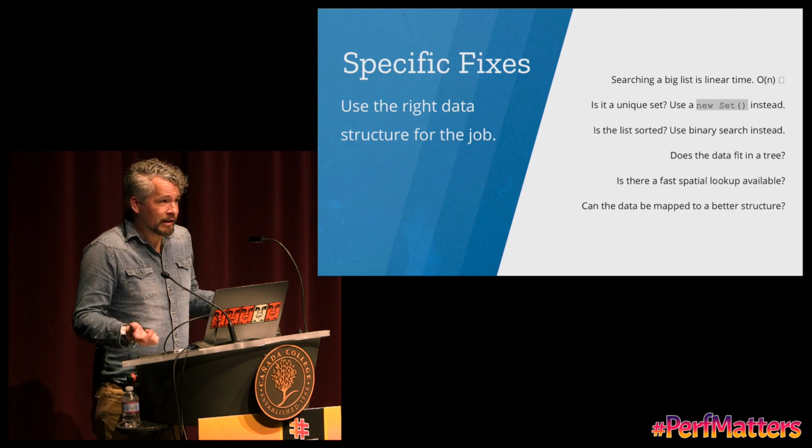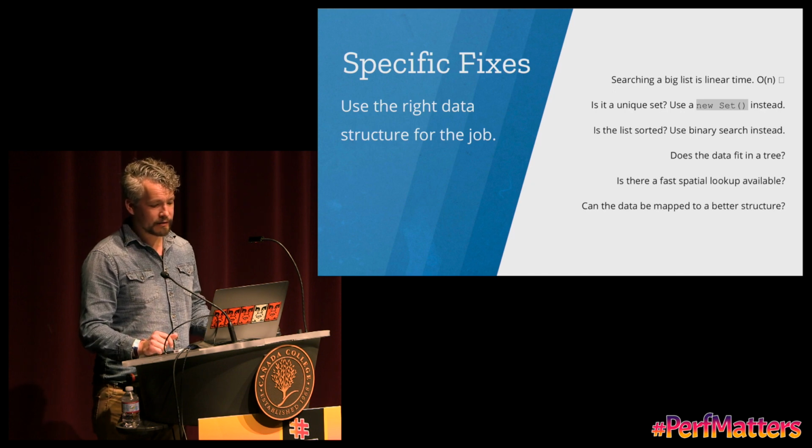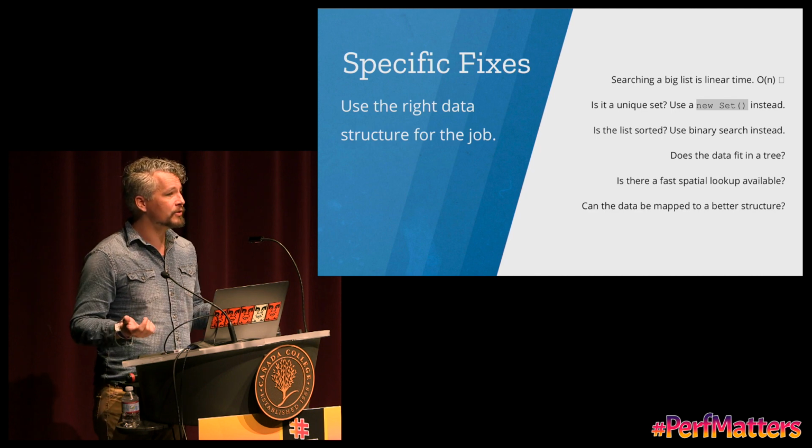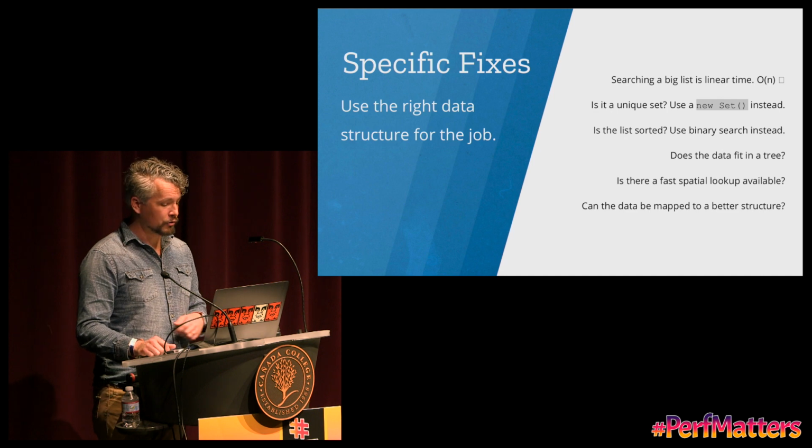So if it's a unique set, you can use the JavaScript set instead, and then you can almost instantly get things out of it and see if it has it in there. Is the list sorted? You can use a binary search, and all these have different specific complexities that are faster than just doing a naive search through an entire list.